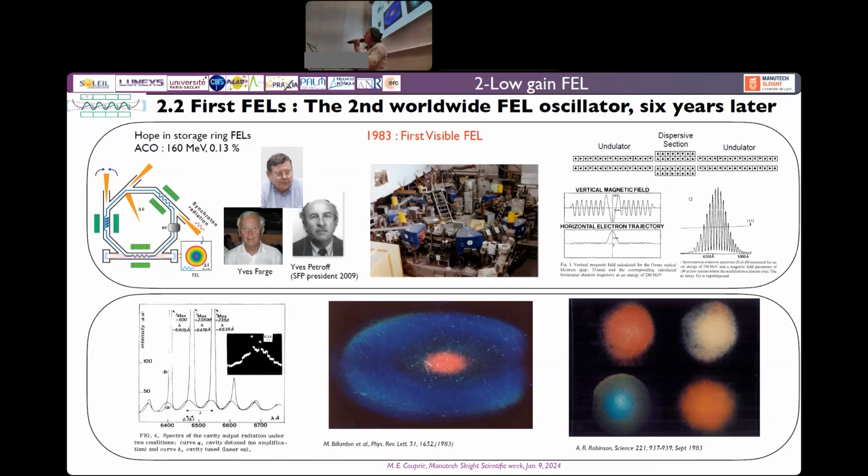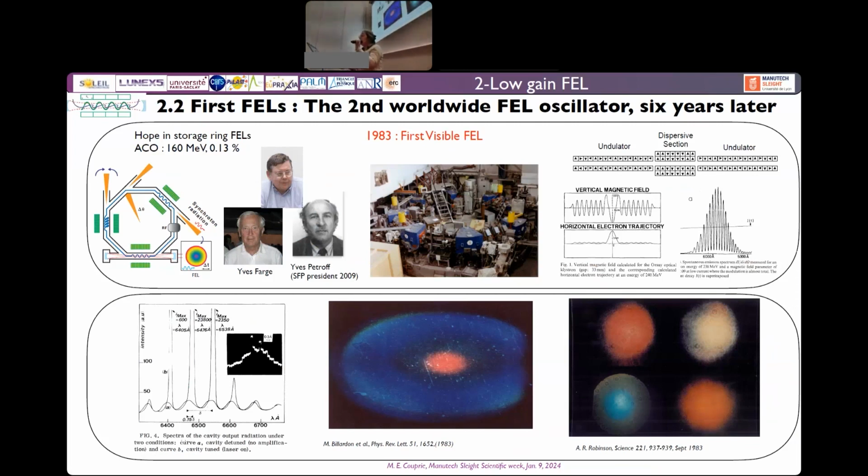So you can guess that we have a larger gain, since when we take the derivative of this spontaneous emission with these fringes, we will have a larger gain. So it's by replacing the first superconducting undulator by an optical klystron that it was possible to enlarge the gain and get the first FEL.